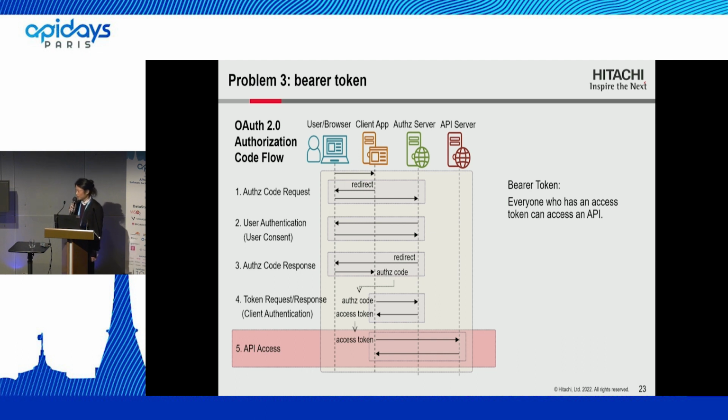Instead, RFC 6750 describes how to use an access token for accessing an API, called bearer token usage. By following this bearer token usage, everyone who has an access token can access an API. Therefore, if an attacker steals the access token, then this attacker can access an API illegally.